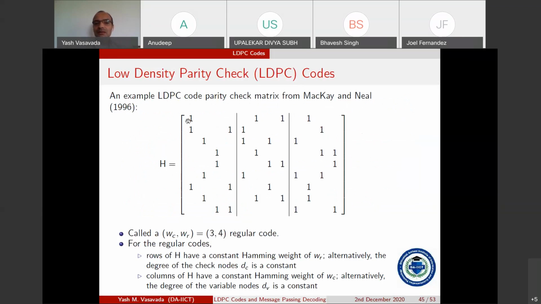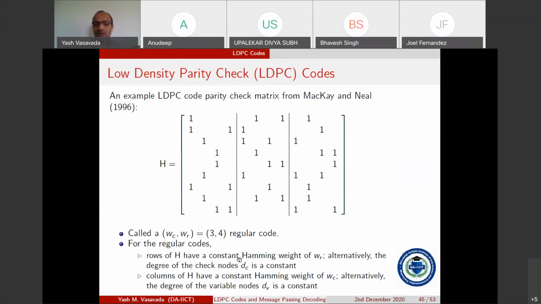So here it has 4 ones in each row, and so it's called the degree of variable node is 4. Sorry, degree of check node is 4, and each variable node is connected to 3 check nodes. So each of the columns have 3 ones, and so the degree of variable node is 3.